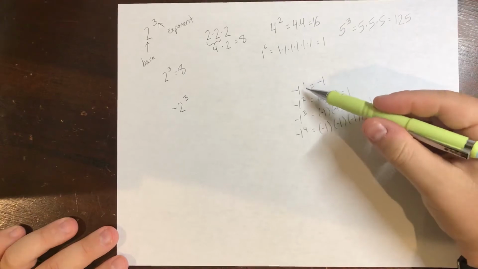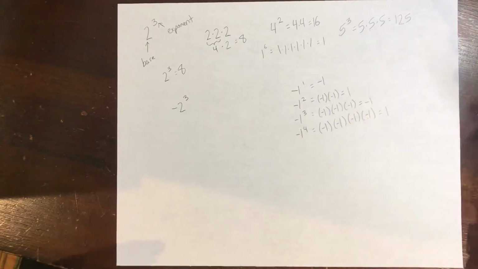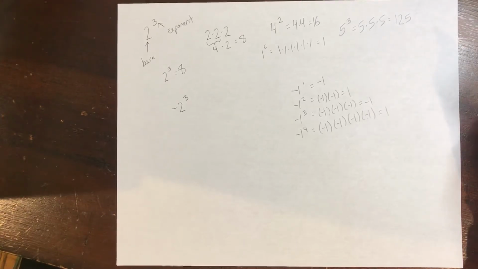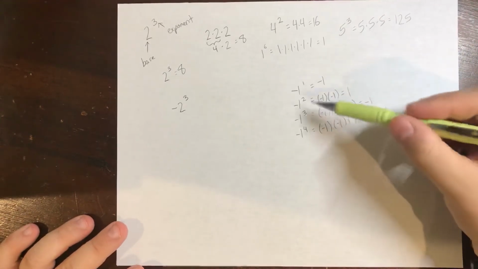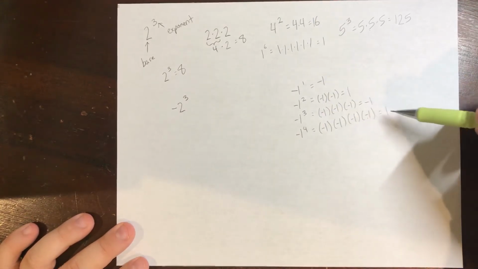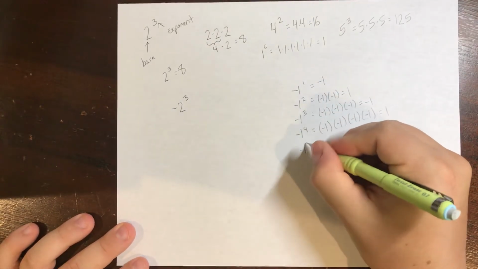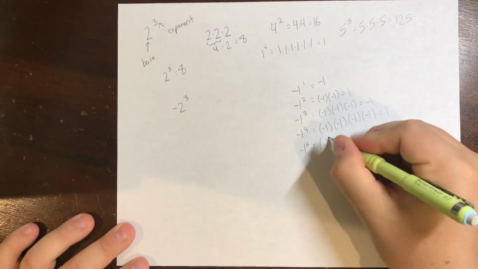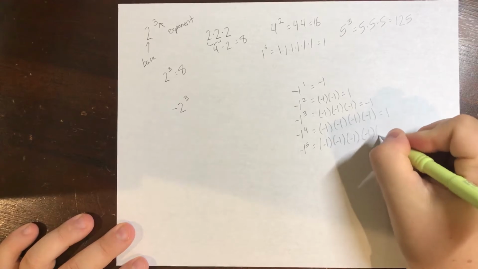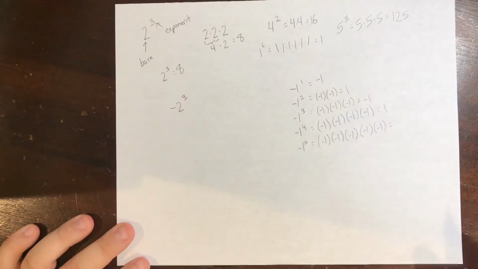We're using negative 1 because it's an easy example: anytime you multiply 1 by itself, it gives you the same answer. But using a -1 lets us really identify this trend of negative, positive, negative, positive. If we do -1 to the 5th, you can multiply those out.